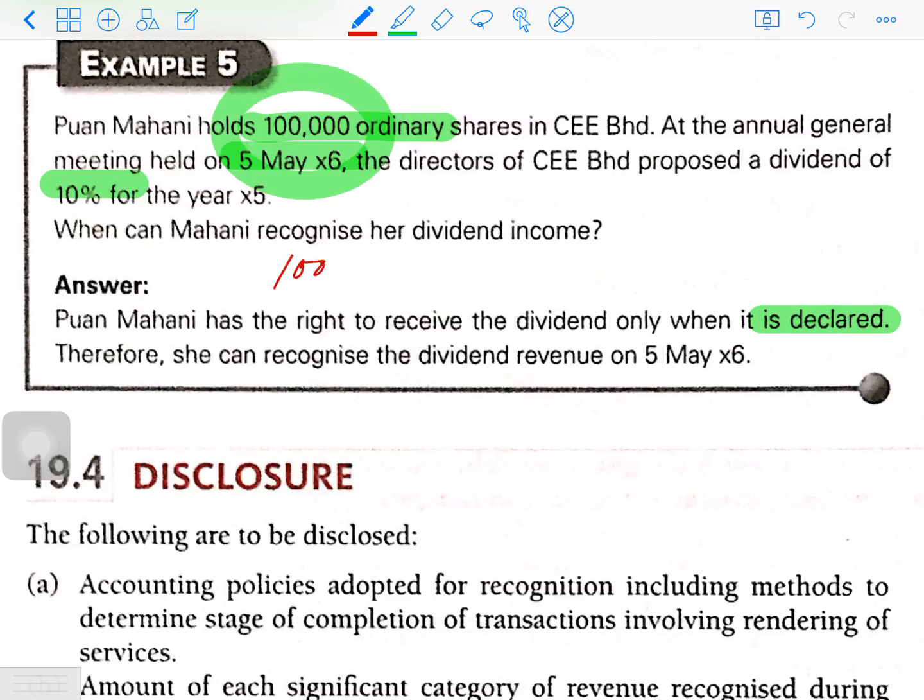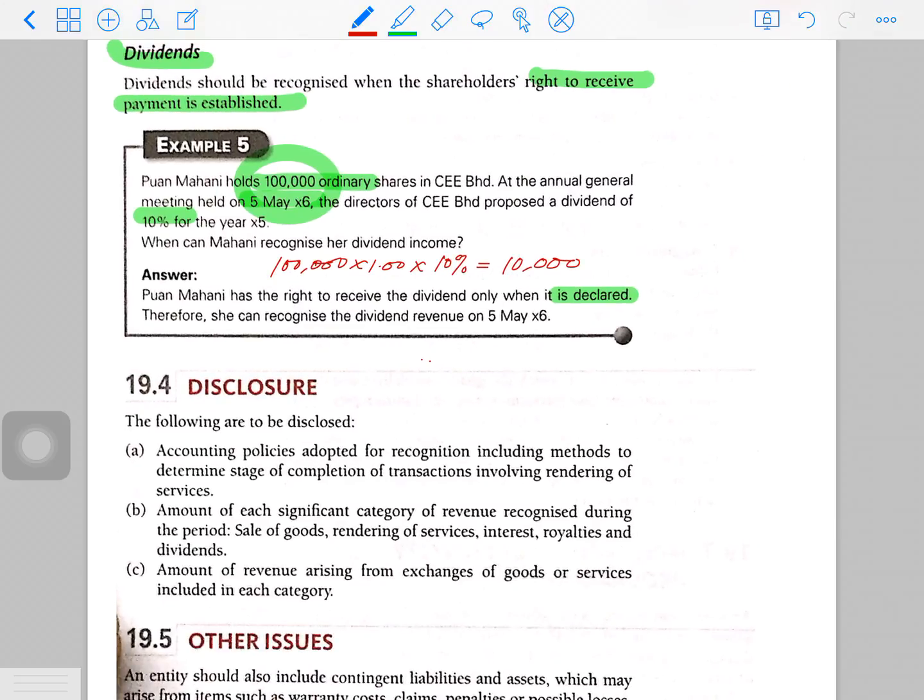Let's say 100,000 times $1 each times 10%. That is your income, which is 10,000. So 10,000 will be recognized as dividend income, assuming the par value is $1 each. But here it doesn't mention what the par value is.